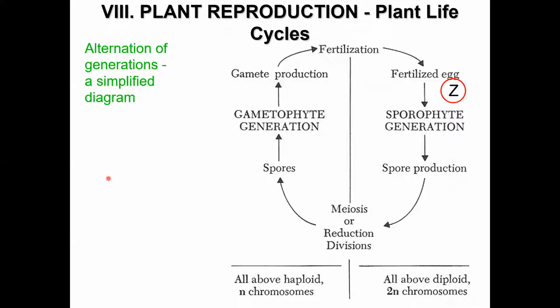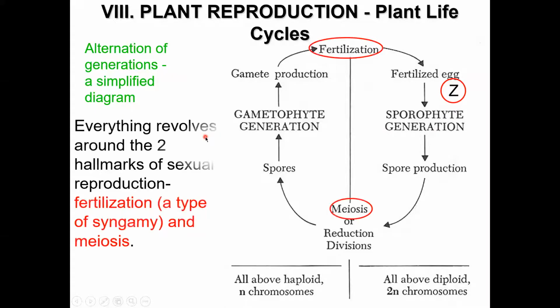And seed plants have, like ferns and fern allies, this kind of alternation of generations life cycle. Now, don't be surprised that during the course of this discussion, I'll turn the diagram sideways so that this line that's in the middle will be horizontal. But right here, everything revolves around when fertilization takes place and when meiosis takes place.